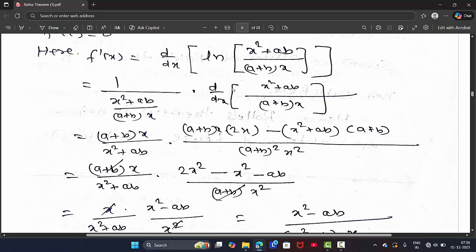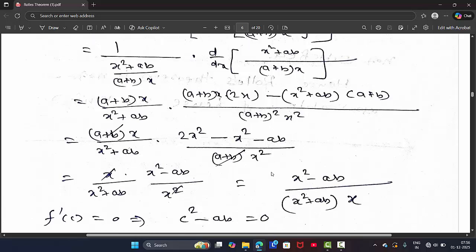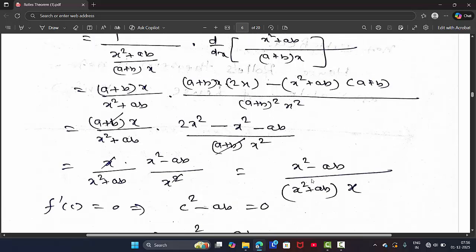If we simplify this, a plus b gets cancelled, and the numerator becomes 2x square minus x square minus ab, and we will get (x square minus ab) divided by (x square plus ab) into x.